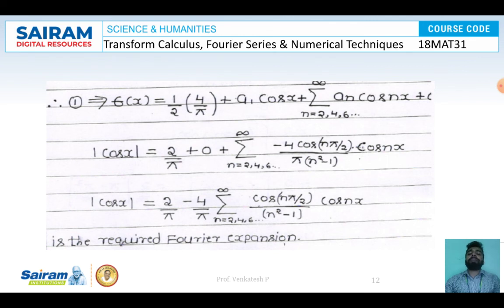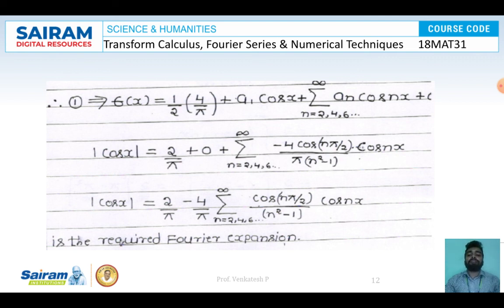So now we'll be replacing all these a0, a1 as well as an for n is equal to 2, 4, 6 in the above expression. So we got the expression f of x is equal to 1 by 2 into 4 by pi plus a1 cos x plus summation n from 2, 4, 6 till infinity an cos nx plus 0.